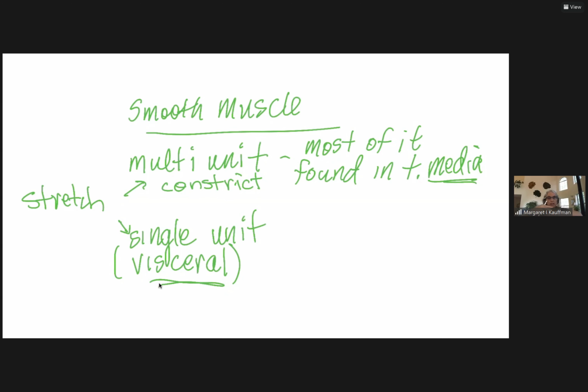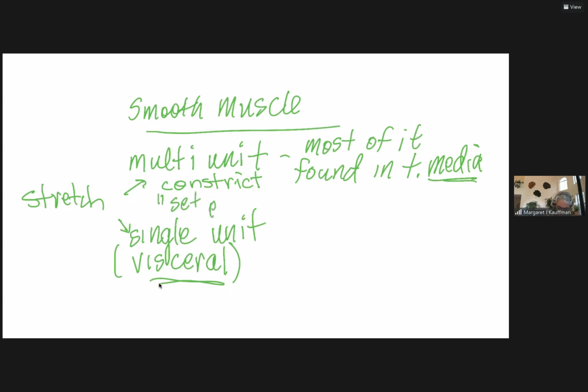So it's almost like there is a set point. I'm going to put it in parentheses. There's a set point length to this type of smooth muscle. And just like Noah mentioned, if the thin and the thick are at some sort of relationship to each other and you stretch them, they're going to bounce back to that relationship that they had before.